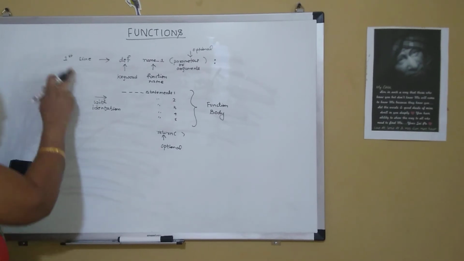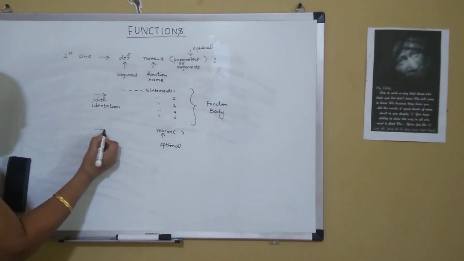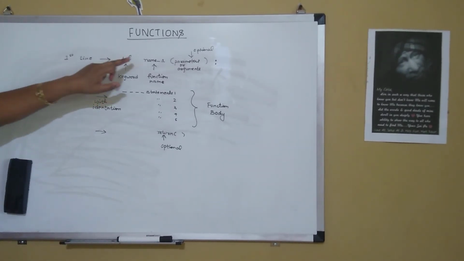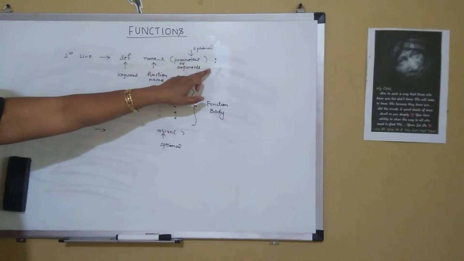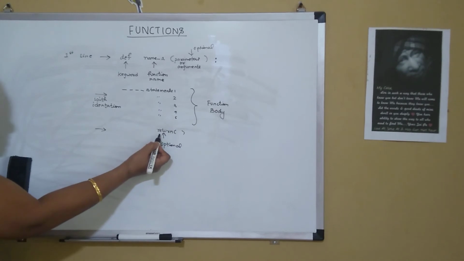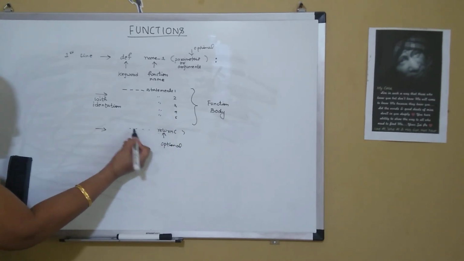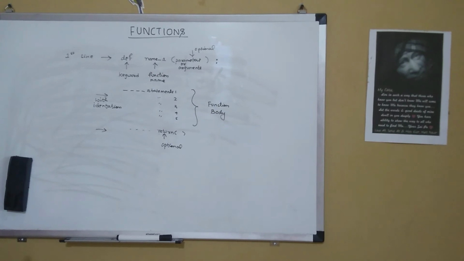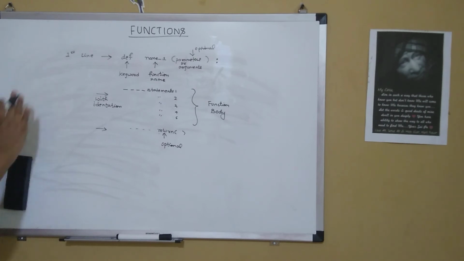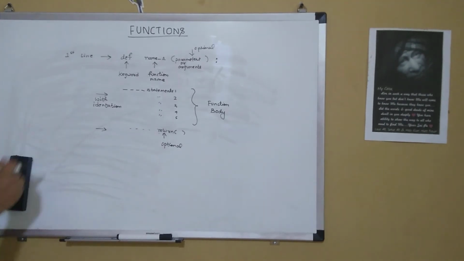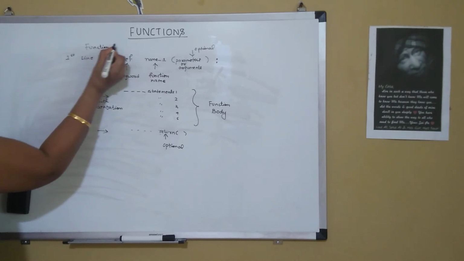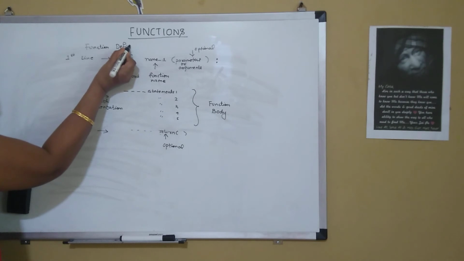So these are the main features of the function definition. Basically it should have def, function name, parameters, colon, then the statements have to be indented, and then we have the return statement which is also indented, which returns an output to the caller. This function does not get called until we call it. So this is nothing but function definition.